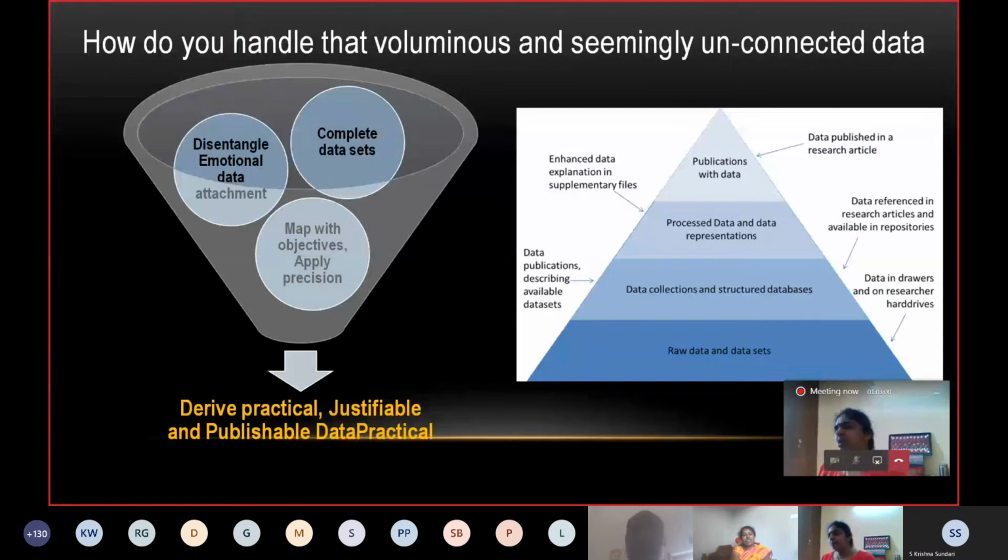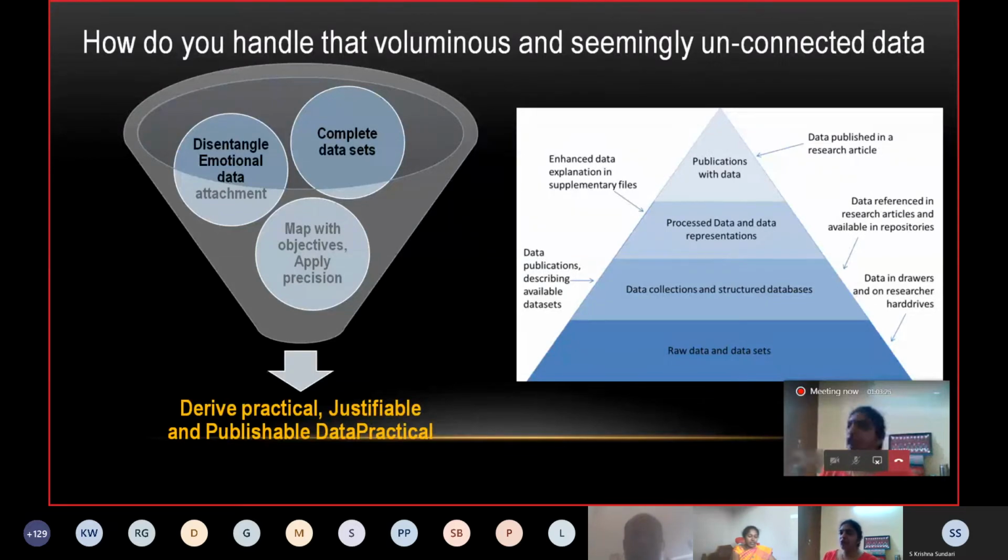Many a times, every data that we generate seems important to us, but it may not be as important to a reader. So you have to be very clear what is significant and what is not significant.